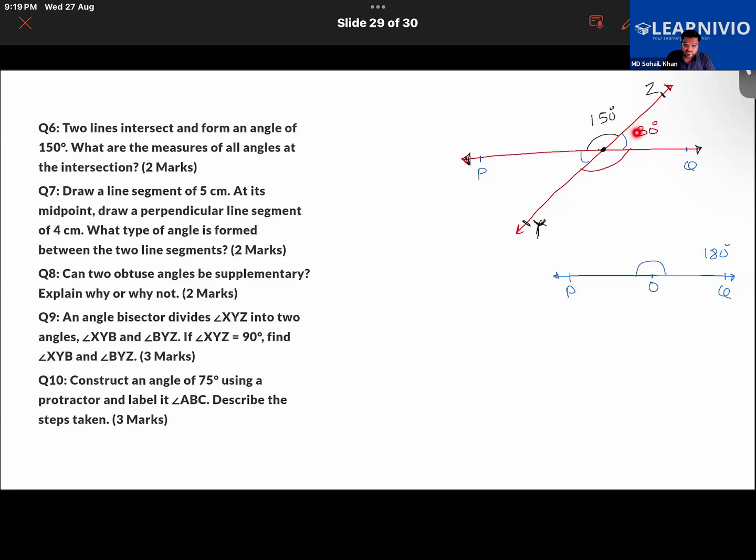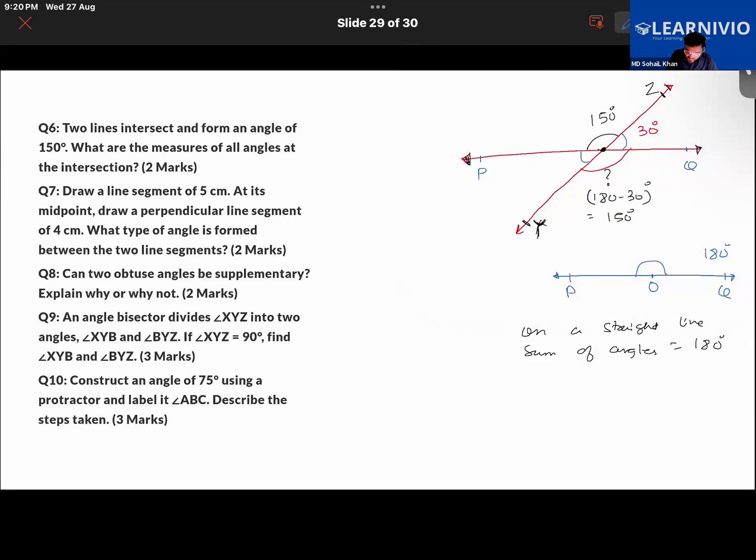So the sum of this 30 degrees and this angle, which we don't know yet, is again going to be 180 degrees, because on a straight line, the sum of all the angles is equal to 180 degrees. Here one of the angles is 30 degrees, so this other angle will be equal to 180 minus 30, and that's 150.